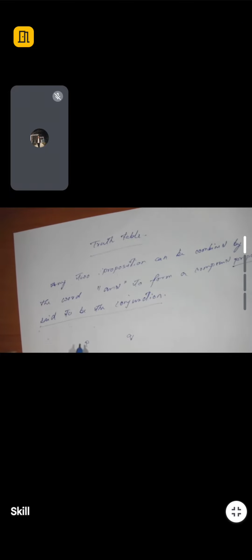So what is the truth table of this AND? Let us consider two sentences P and Q. These are variables or sentences, you can consider anything. So what will be the truth table of P and Q? You have to make a truth table.